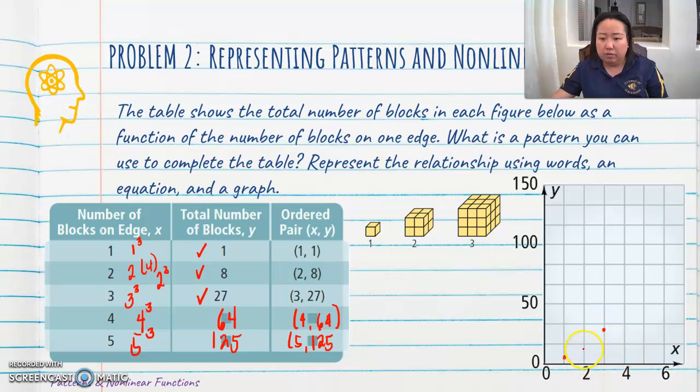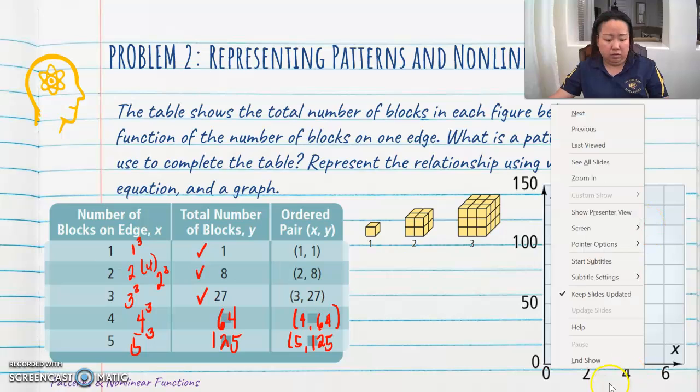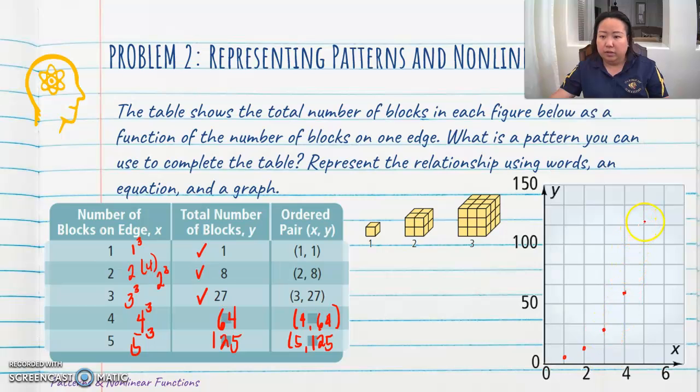And then you have 4 will be 64, so 64 is gonna be somewhere over here already. And then 5 is 125, that's gonna be way up here already. Okay, so that is the graph. That's a really steep curve over there.